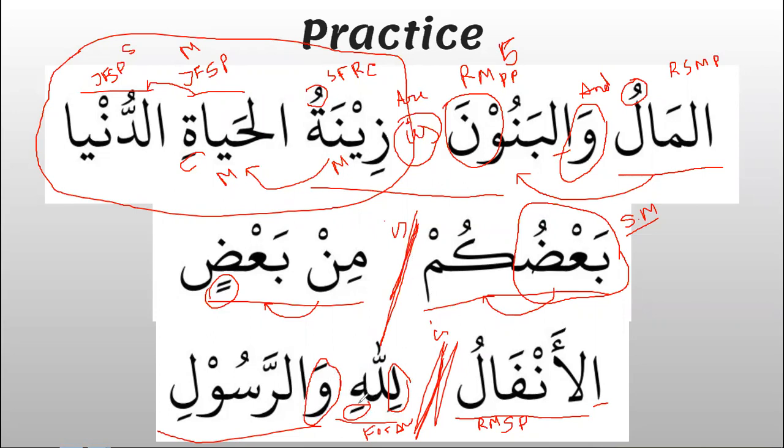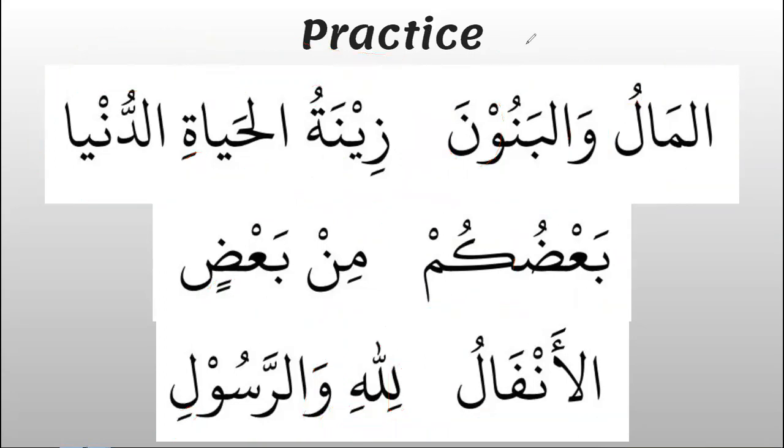It takes the status of the first ism and puts the same status on the next ism. So lillahi, the word Allah is jar. That's why wow is making rasuli jar. So the translation is going to be: al-anfalu, the war booty is for Allah and His Messenger. So you understand this part, right?